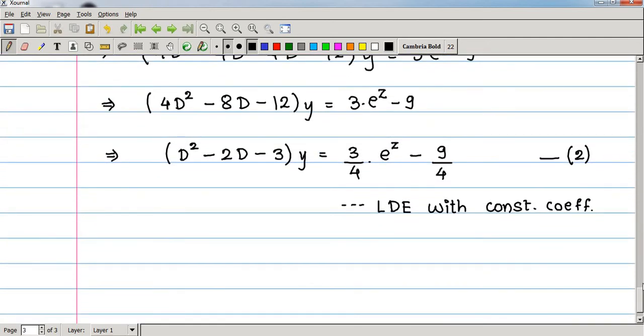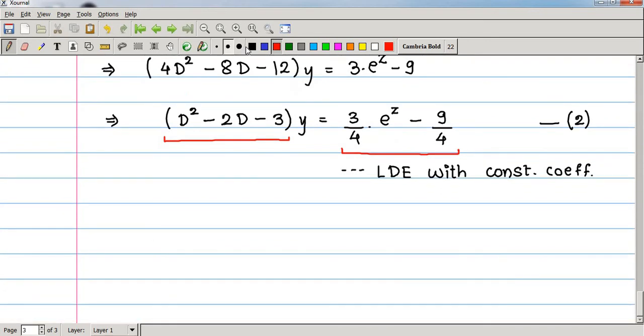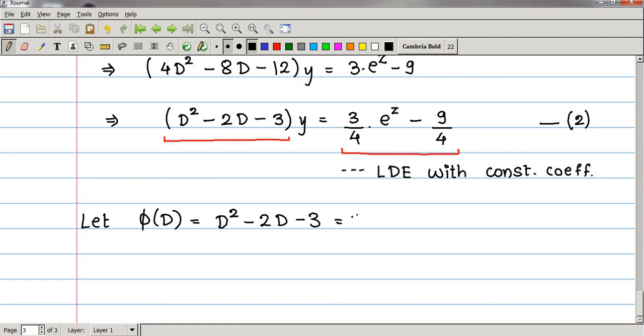Agree with this? Now, the required general solution will be obtained from the complementary function, which is to be calculated from the auxiliary equation, and the particular integral, which is to be calculated from this function containing variable z. Therefore, to find the complementary function, we consider the auxiliary equation φ(D), which is D² − 2D − 3 = 0.